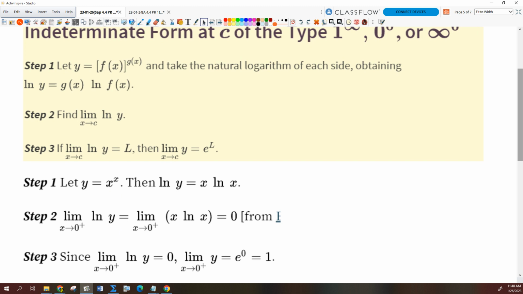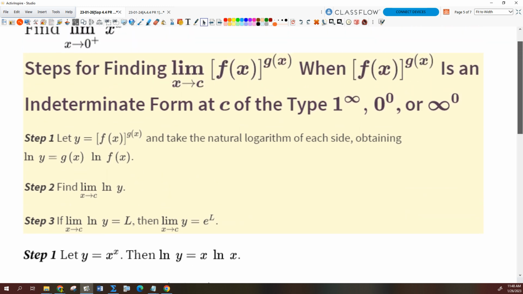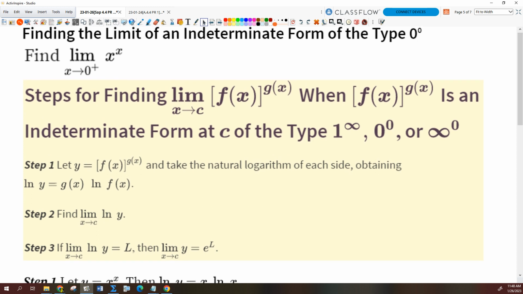Okay, the strategies for these are really not a big deal. You're familiar with this. We're just going to use the same kind of strategy we would have used before if we had functions that started off as a function to a function, right? Because really what's going on here is we're taking the limit of f of x to the g of x, where f of x is approaching 1 and g of x is approaching infinity, or f of x is approaching 0 and g of x is approaching 0, or f of x is approaching infinity and g of x is approaching 0, right?